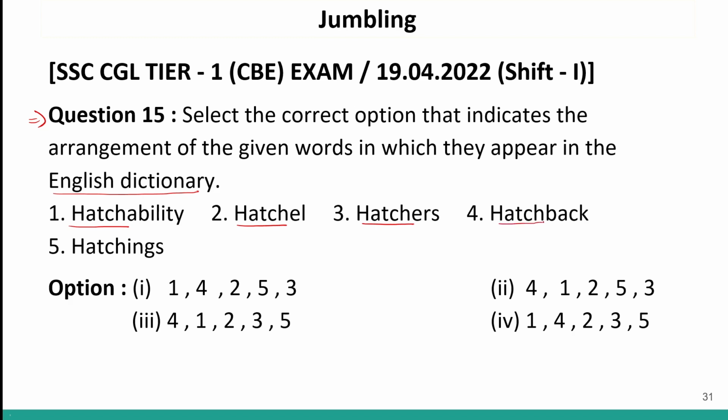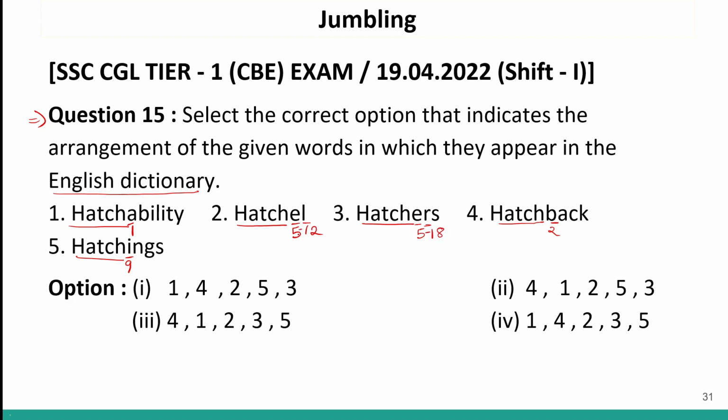So we will look at the letter after H. So after H, over here we have A, which is 1. After H we have E, which is 5. After H we have E, which is 5. After H we have B, which is 2. And after H over here we have I, which is 9. So between hatchel and hatchers, after E we have L, which is 12. And over here we have R, which is 18.